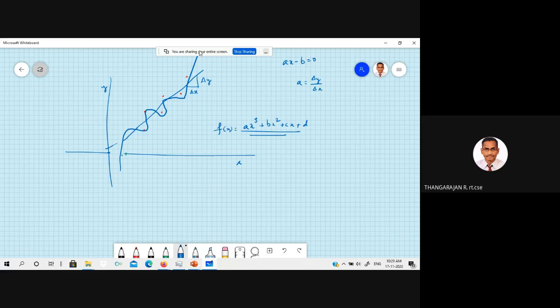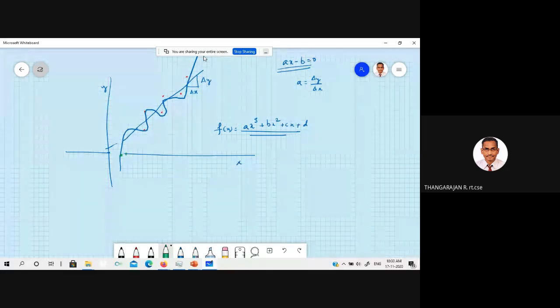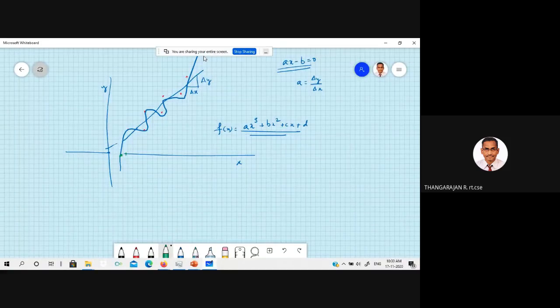Initially I thought this was my function, but now I say that this is my function. So now you see the future value, which was here, and whether this was the function or that was the function, we still don't know.